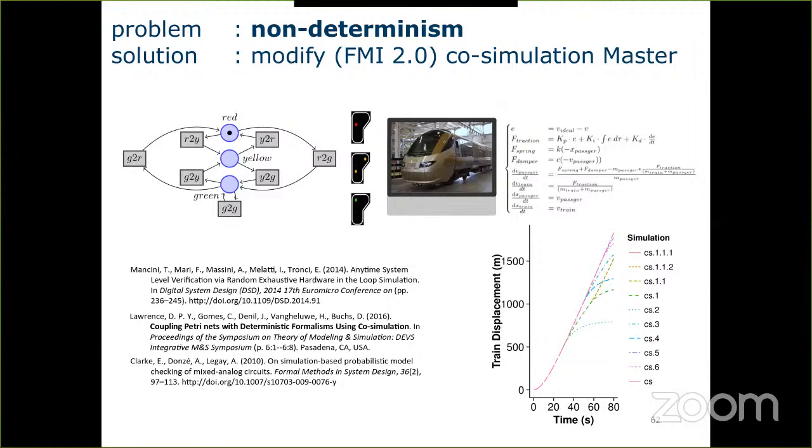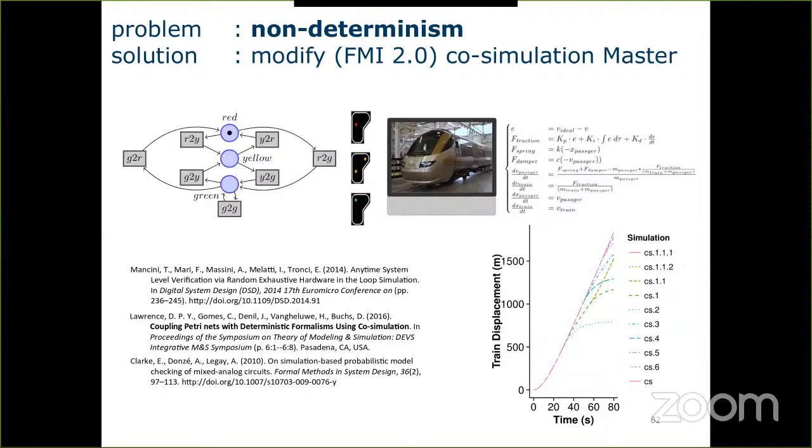And it gets interesting if we now say we have the physics of a train, but we have a system of railway tracks with lights, and the train may have to brake, accelerate, and so forth. And it's not really deterministic, that environment, when the lights go on and off. And I want to determine whether under all these possible combinations of lights going on and off, my system is still safe.